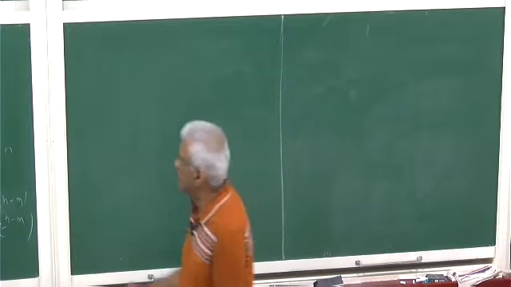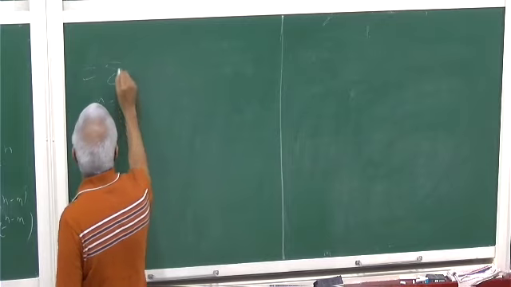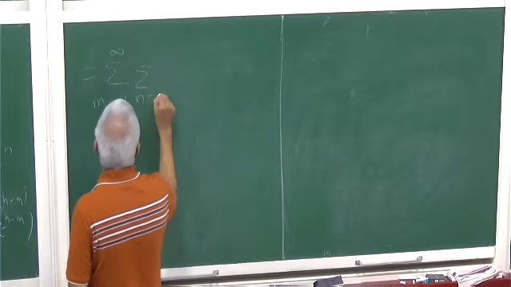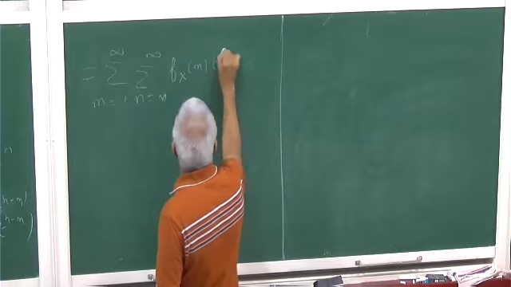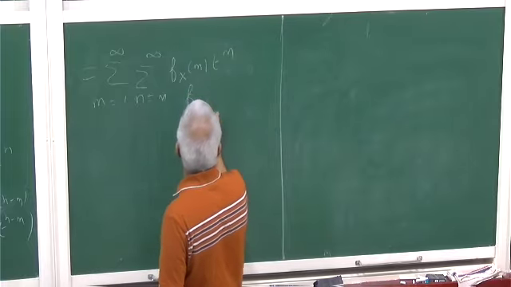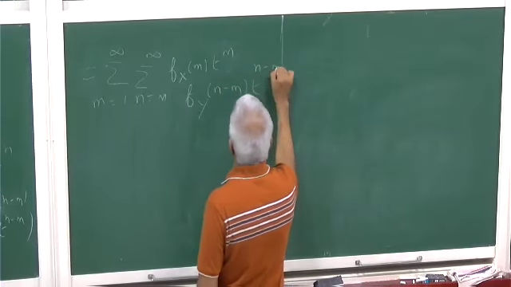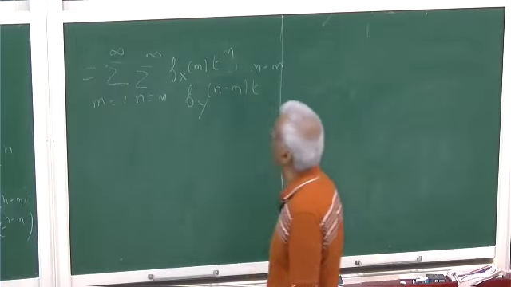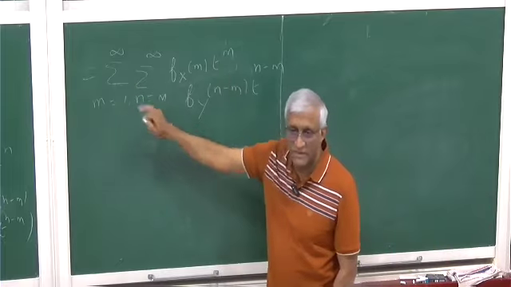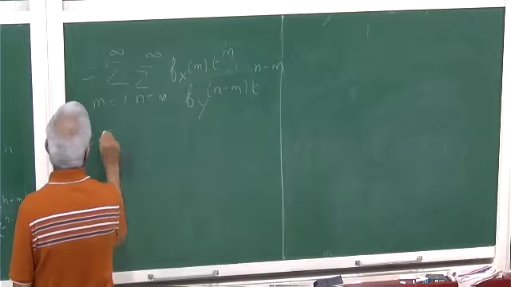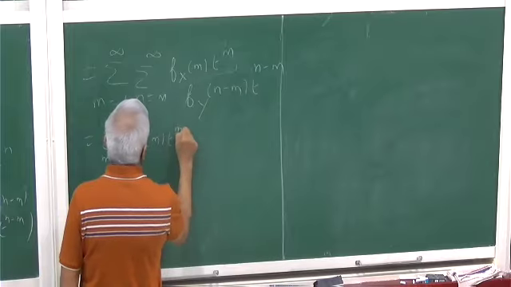Now we take the summation, m equal to 1 to infinity, and summation n equal to m to infinity, of fx m t power m into fy n minus m t power n minus m. There is no n in the first factor, so you can take it out of the summation. So this is summation m equal to 1 to infinity of fx m t power m.